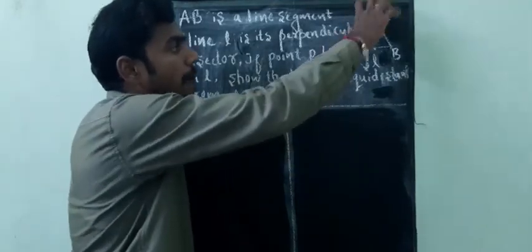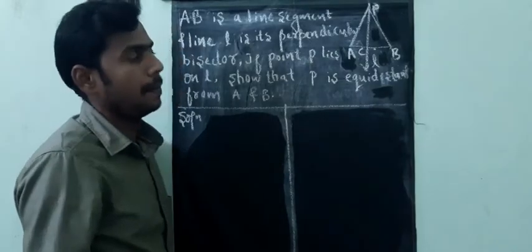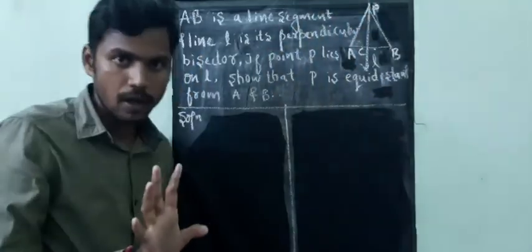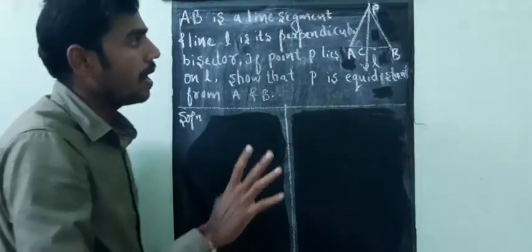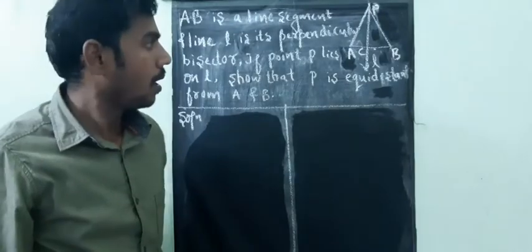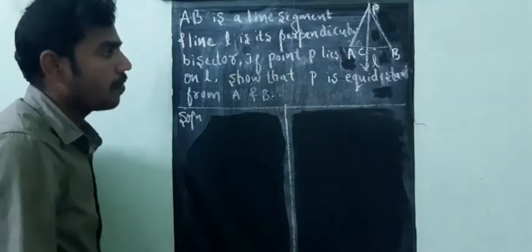We need to show AP is equal to BP. Means the distance from A to P and B to P should be equal. So geometrically, what do we need to show? AP should be equal to BP. Now, for that, what do we have?